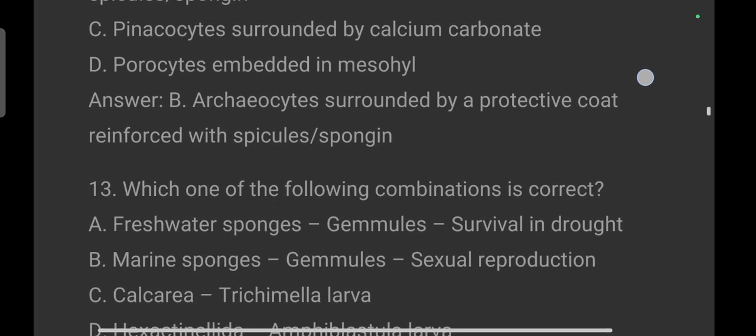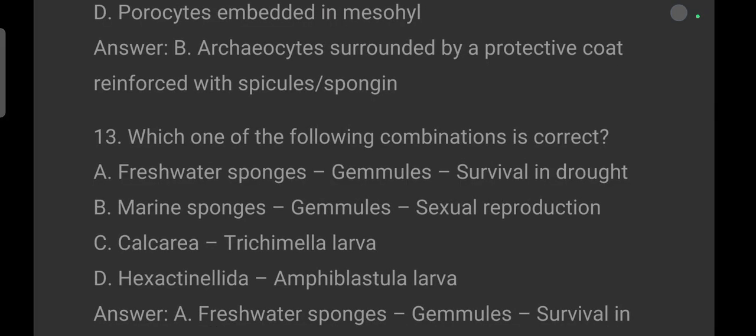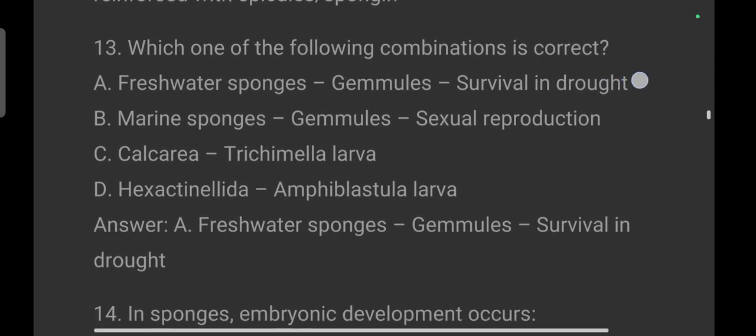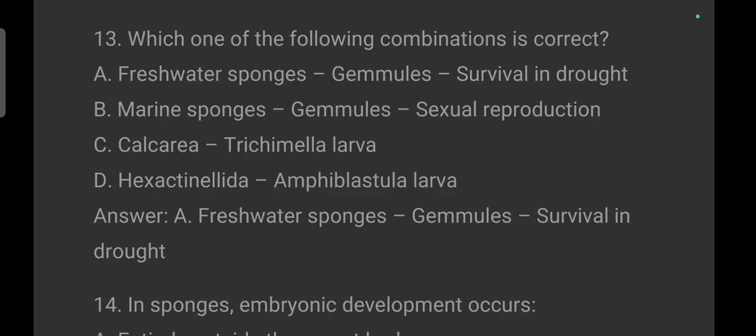Which of the following combinations is correct? Freshwater sponges, gemmule, survival in drought; marine sponges, gemmule, sexual reproduction; Calcarea, trichomela larva; Hexactinellida, amphiblastula larva. Answer is freshwater sponges, gemmule, survival in drought.